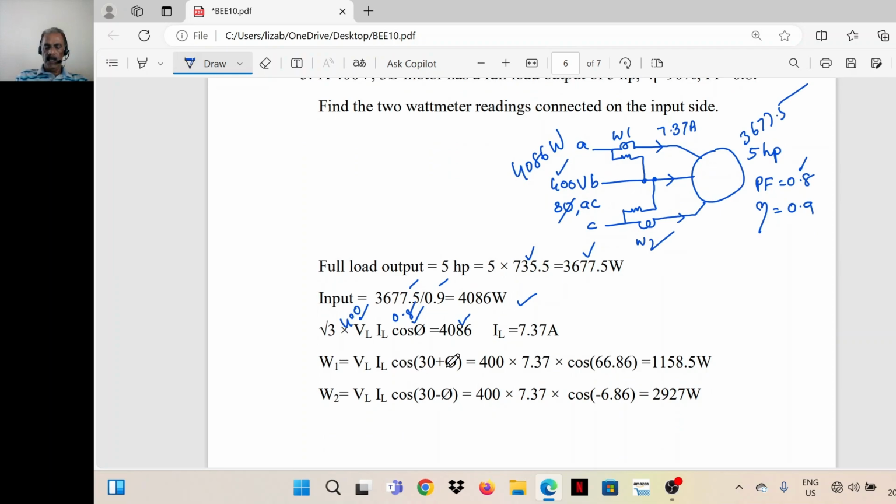W1 is VL IL cos 30 plus phi. VL is 400. IL is 7.37. Cos 30 plus phi. Power factor is 0.8. So phi is cos inverse 0.8.